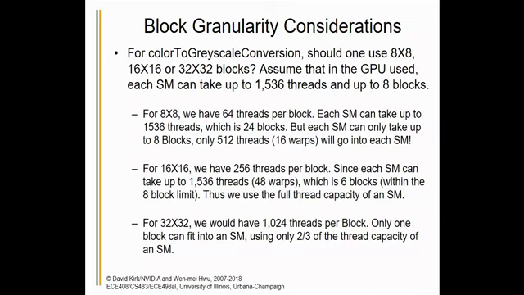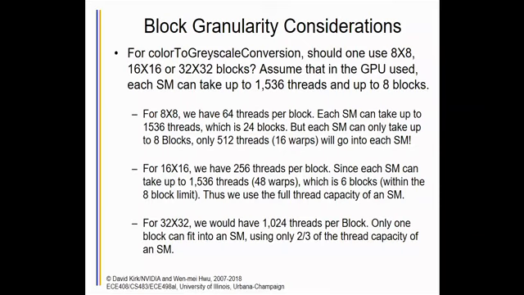Those two numbers are not the same. The streaming multiprocessor can take up to a certain number of threads. For example, in Maxwell, you can take up to 2048 threads in the streaming multiprocessor. It depends on the number of threads in a thread block; you'll have more or fewer blocks that account for up to 2048.